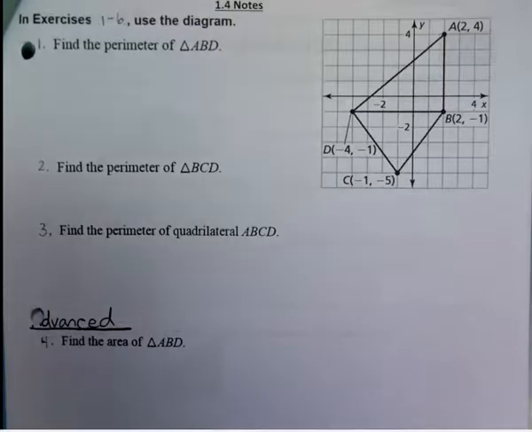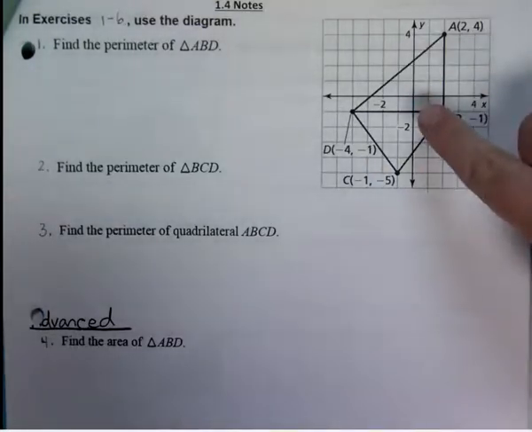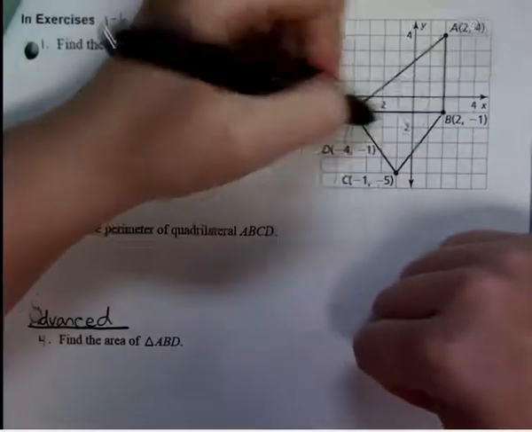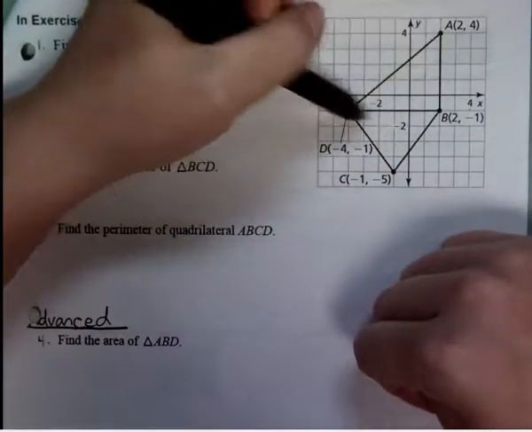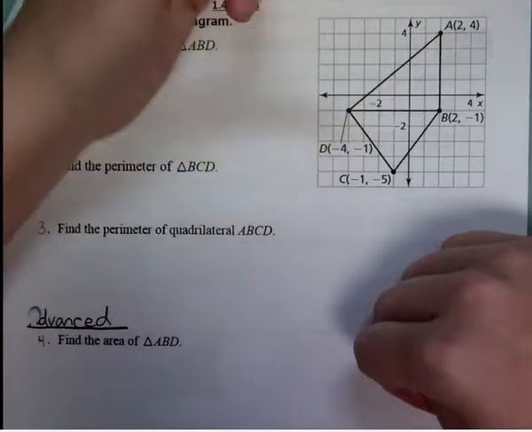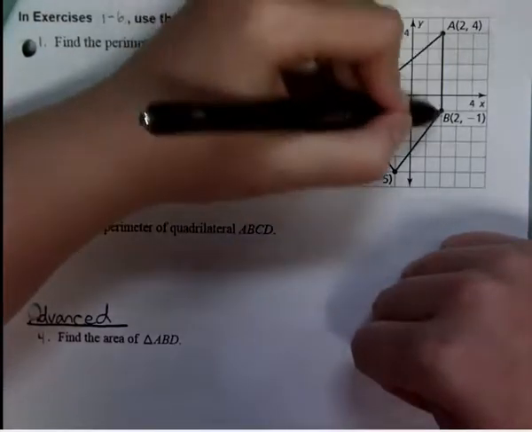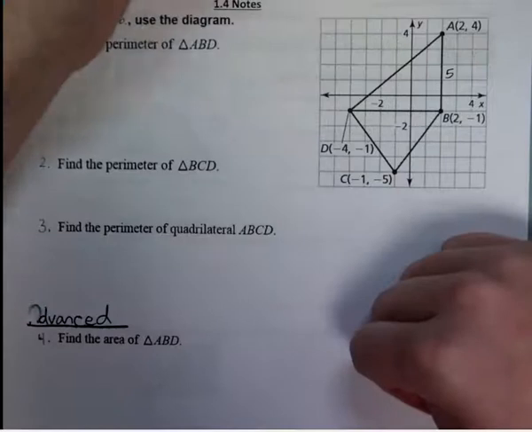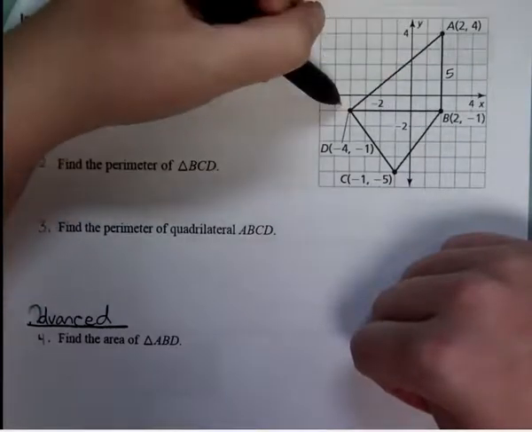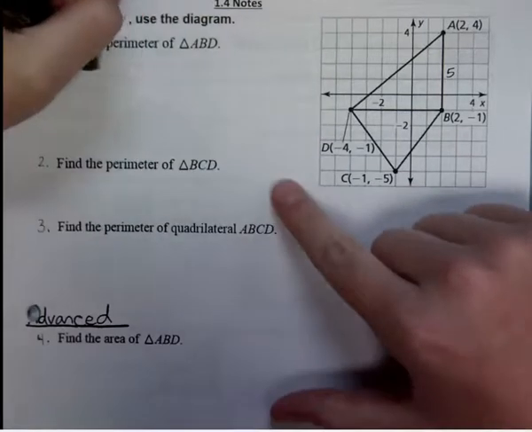Alright, now we're on to page 11, and we want to solve for the perimeter of this triangle. So we want to find the length of all the sides. 2 of them are horizontal and vertical, so all we have to do is count. So you can just count from A to B, and it's 5 units long. You cannot count from A to D, so don't get confused on that.